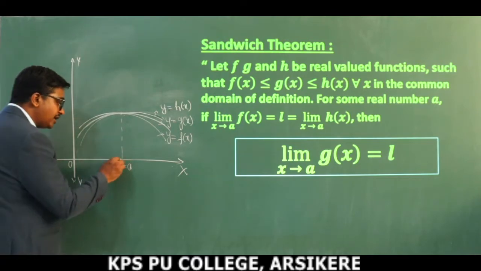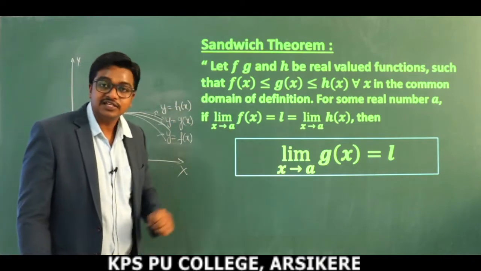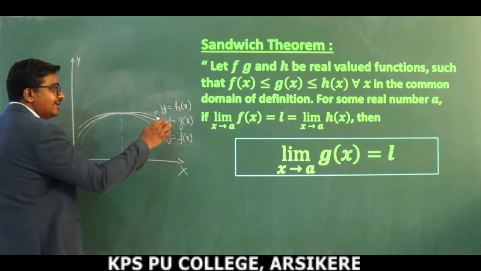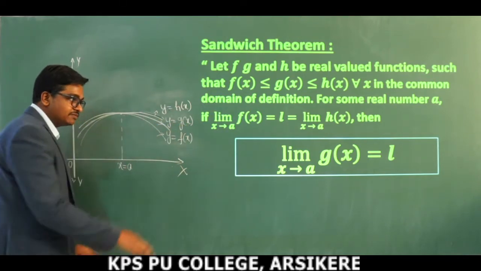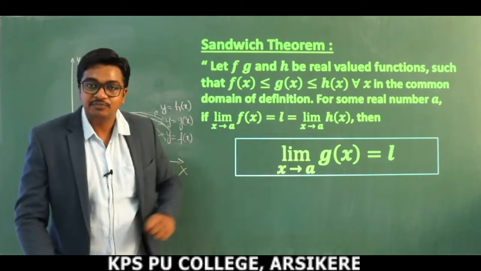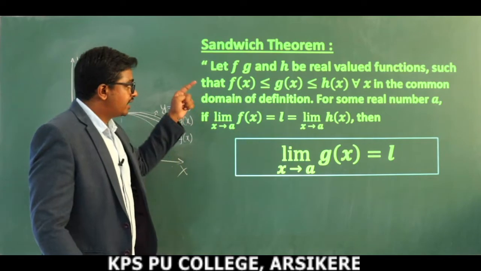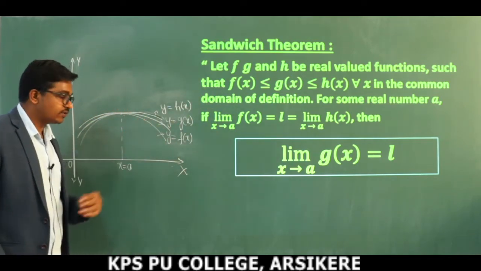It means at the point x is equal to a, the limit exists for both the functions f of x as well as h of x. Hence, the limit of the function g of x when x approaches a also becomes L. This is the statement of the sandwich theorem. Very important theorem. Write the statement, then go with the diagram. Take a pause and note down all the things I have displayed here.